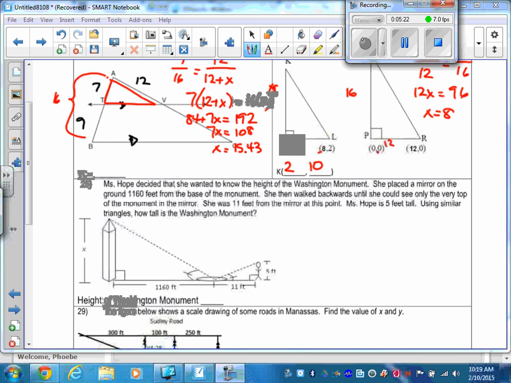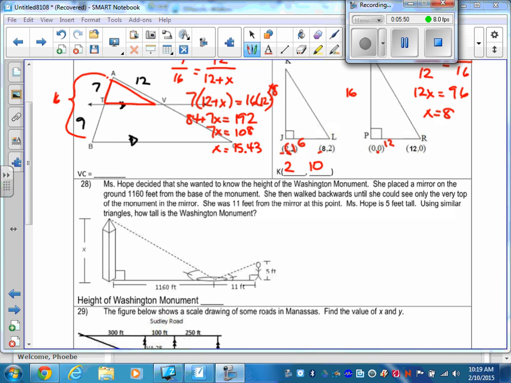8. This one is about the Washington Monument. Ms. Hope decided that she wanted to know the height of the Washington Monument. So this is a strategy that works with finding heights of things you can't measure. Okay, we're going to use similar triangles. So she placed a mirror a certain distance, 1,160 feet, from the figure.